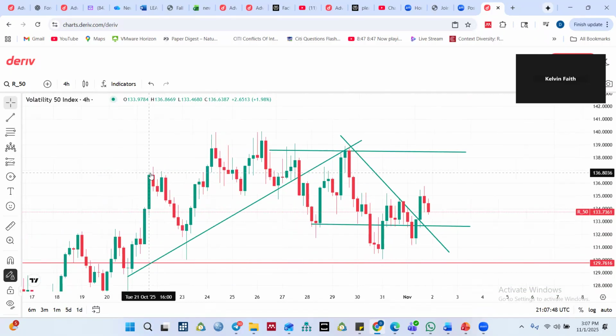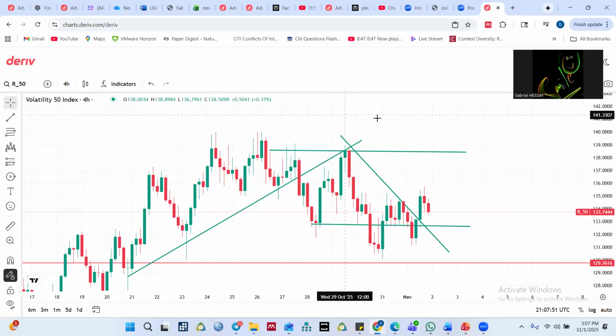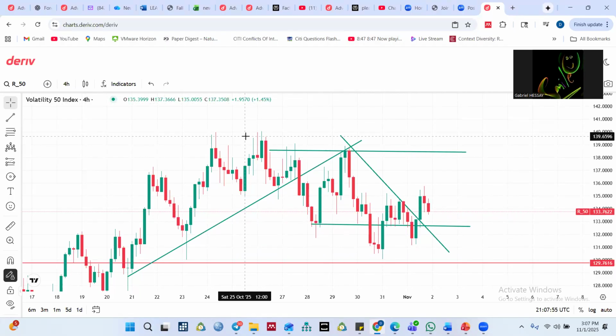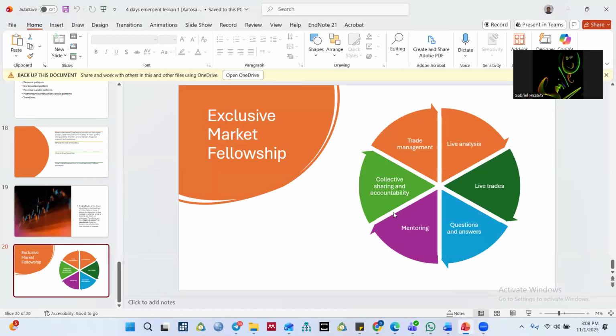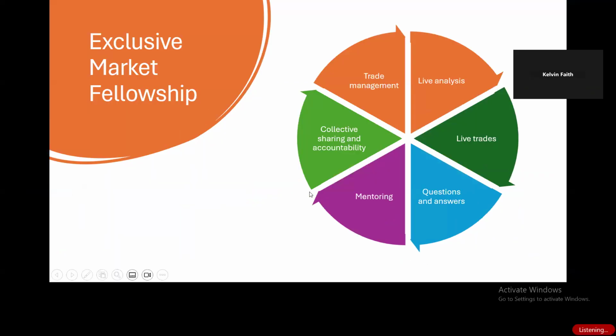Boss, can I fund my Deriv account for this trade? Yes, you can. The purpose of this is to do live analysis and live trading. If you want, you can use a demo or a real account once we finish getting our setup.